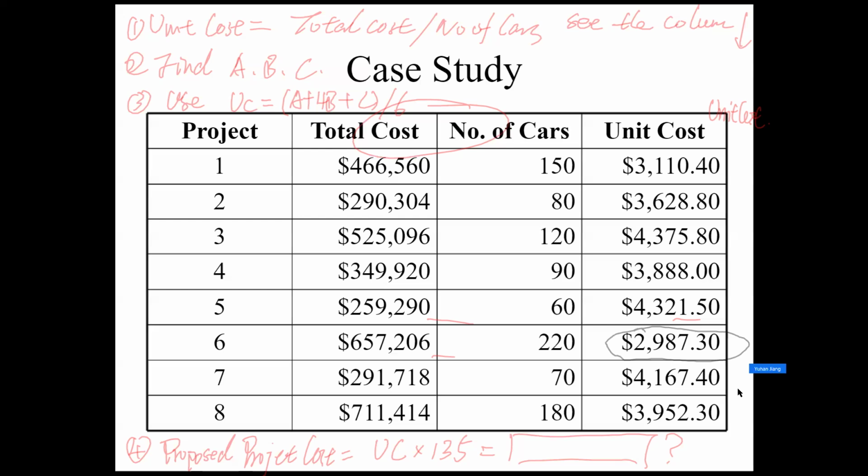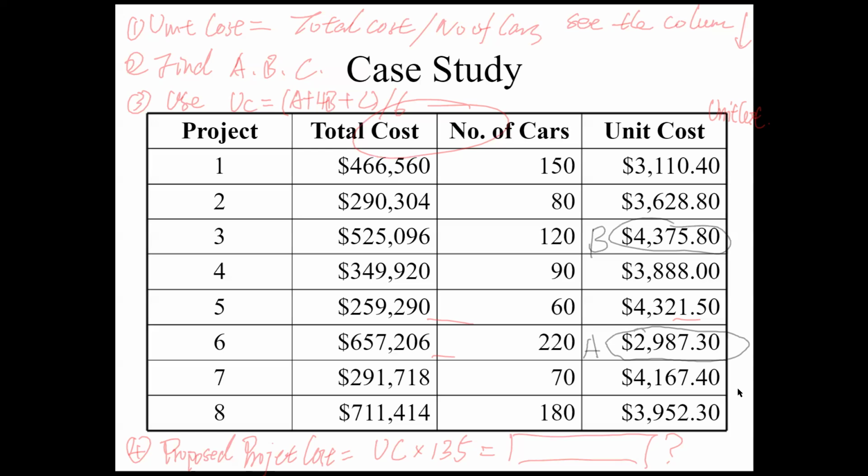So A is equal to this one. Does that make sense? So which is B? We do not know B yet. Which is C? Remember, C is the maximum.